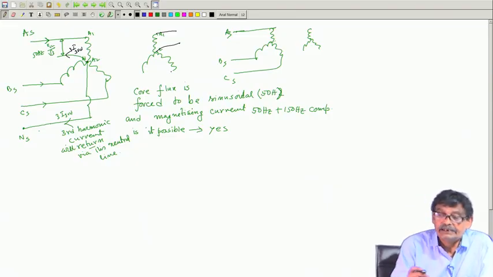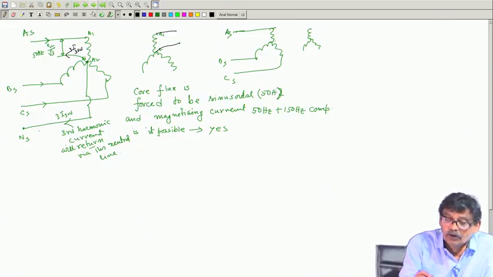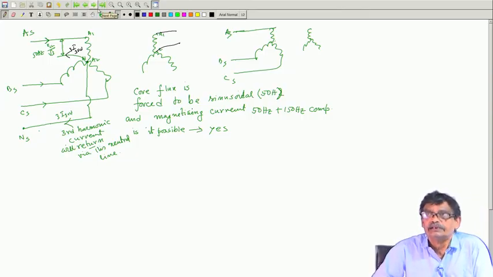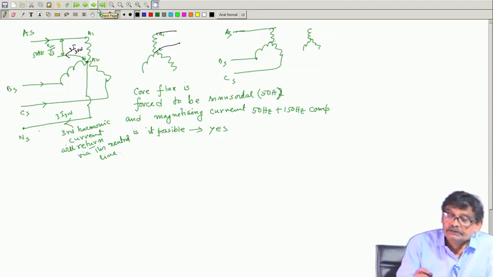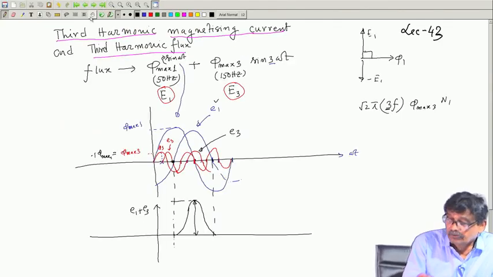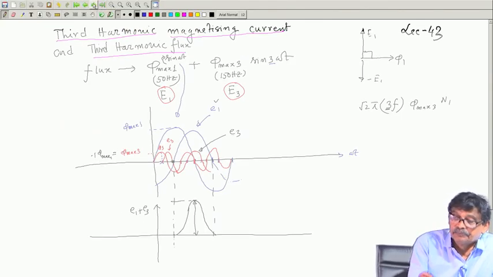Is there a better method of avoiding this? We will come back to this star-star connection after some time once again to tell you another interesting observation, or right now should I tell? Okay, let us see. So, this point you have understood.